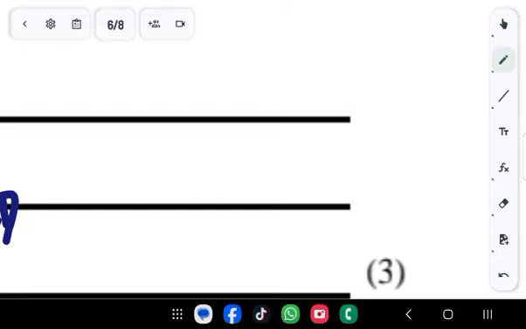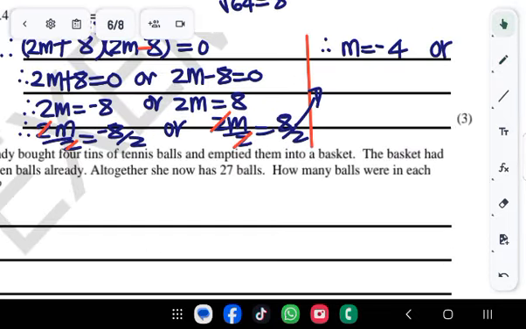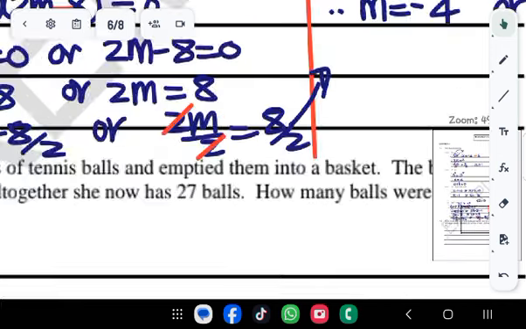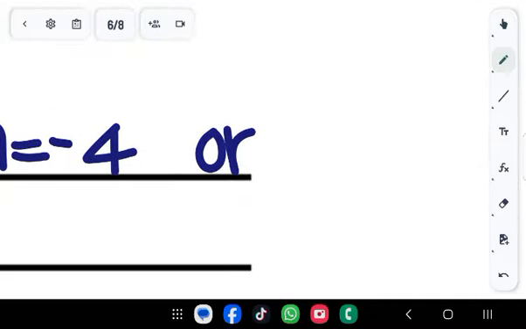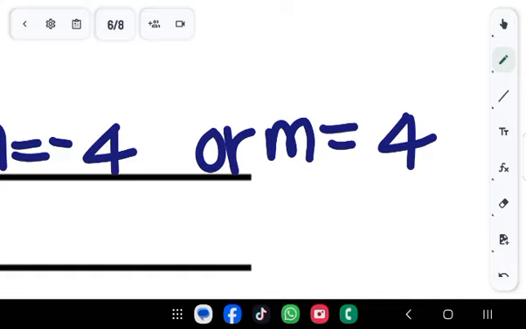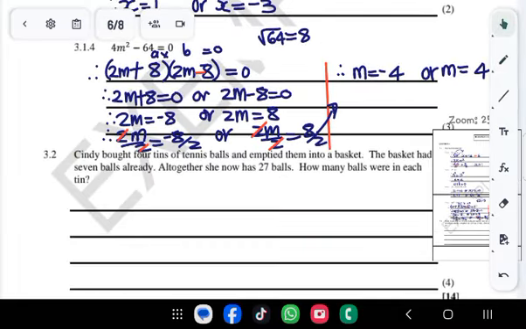Therefore, m equals negative 4. That is the first one. Or m equals positive 4, since 8 over 2 is positive 4. So your answer is m equals negative 4 or m equals 4.